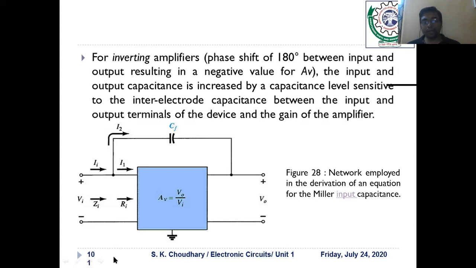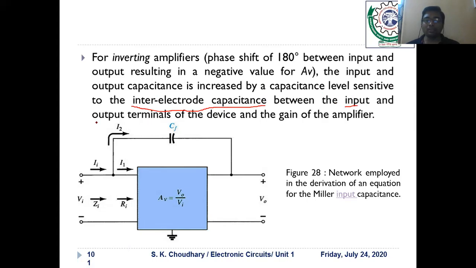And in defining the Miller effect, you have to see what the important factors are. The important factors are inter-electrode capacitances. The inter-electrode capacitances are the capacitances developed between the input terminal and the output terminal of the device.